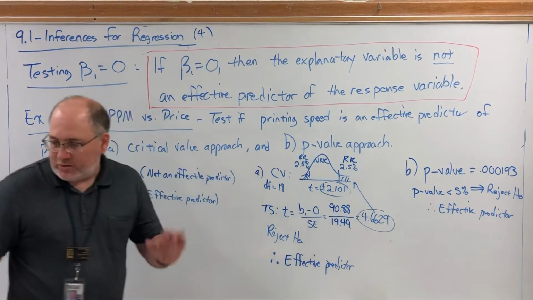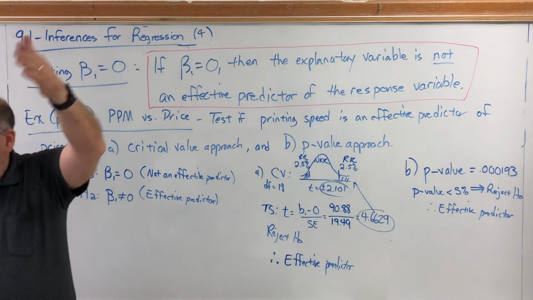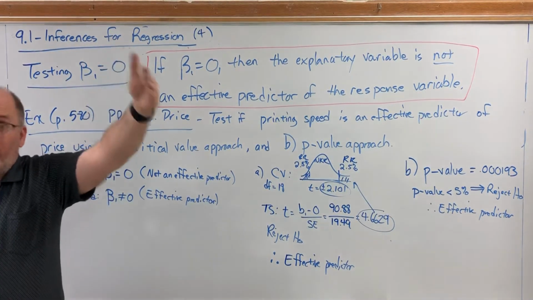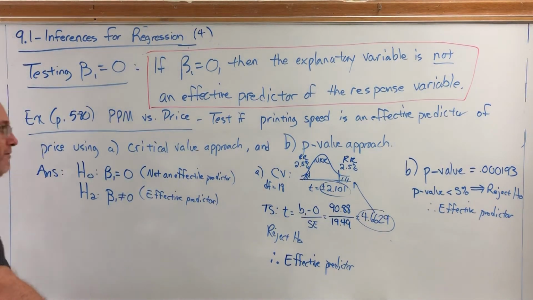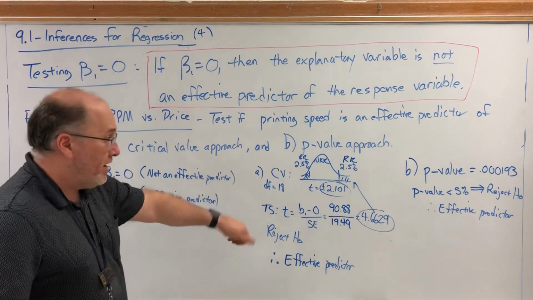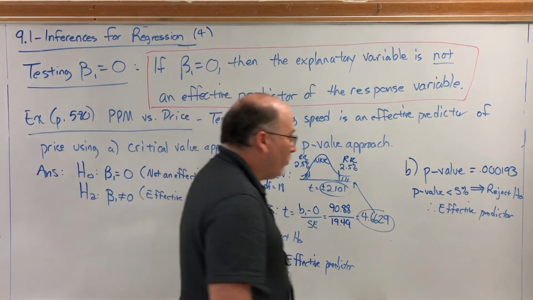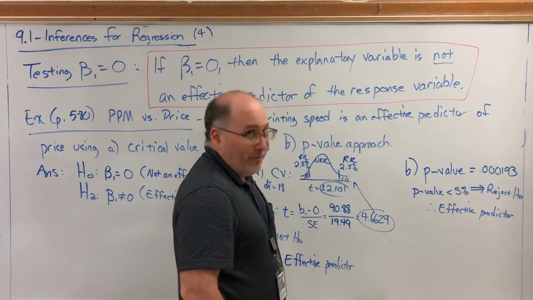In other words, in the computer output, I could just give you the predictor column, the coefficients column, and the standard error column, and ask you to take it from there. So I still want you to be familiar with the test statistic and the critical value approach to a hypothesis test. But there will be some questions where I ask you the p-value approach, and it's going to be really, really easy.